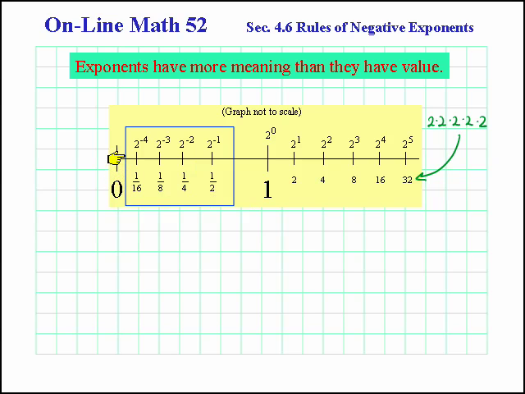Now, why am I emphasizing this so much? Look at the exponent. The exponent is negative. Negative, negative, negative. What this indicates is the following. A negative exponent indicates a small number, but not a negative number. When we see 2 to the negative 4, we're not talking about a negative number.